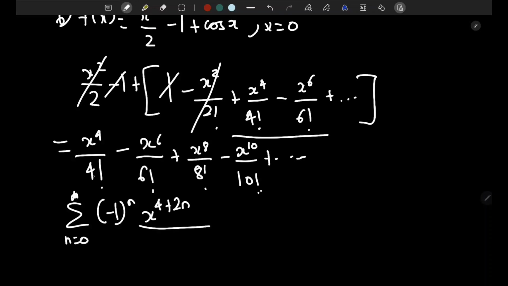The denominator has the same logic as the power, so it's again 4 plus 2n, and the entire thing is under factorial. Don't forget that.